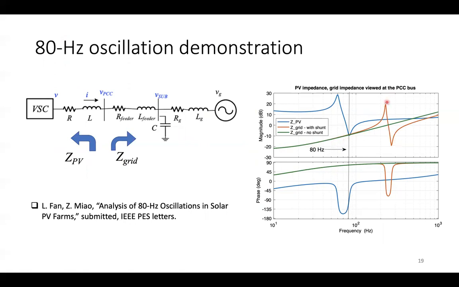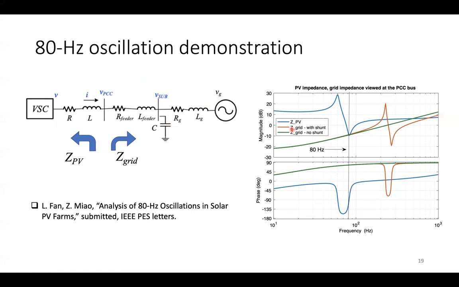They only differ in the 200 Hertz and above range. Below that, they seem all the same. At 80 Hertz, they're exactly the same. So that's why we cannot say this is related to the shunt capacitor. It's just that the energizing of the shunt capacitor sort of triggers this dynamics.